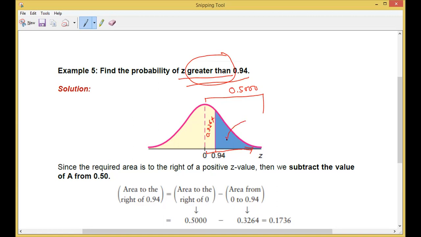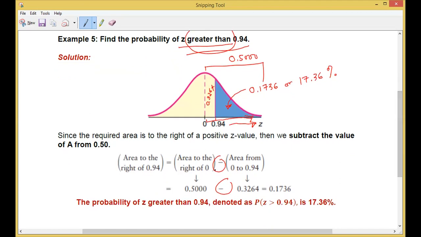We are looking for this area. Since we do not pass by 0 as we go to the right, then we subtract the areas. As we subtract them, the blue shaded portion is only 0.1736. Or as we convert it, it's 17.36%. That is the probability of z greater than 0.94. We write the notation this way, and here is our answer.